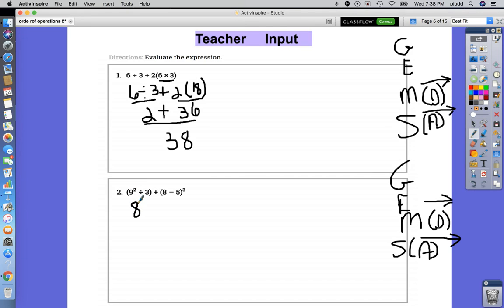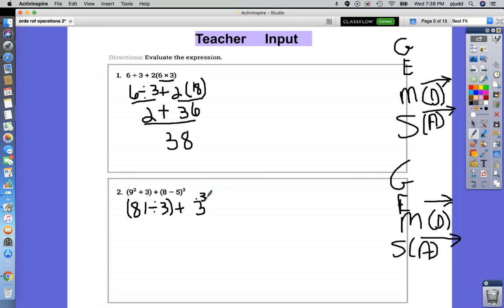So that's 9 times 9. That's 81 divided by 3. I had to clear that before I could clear the parentheses. Plus, 8 subtract 5 is going to give me 3, but that's 3 to the third power.